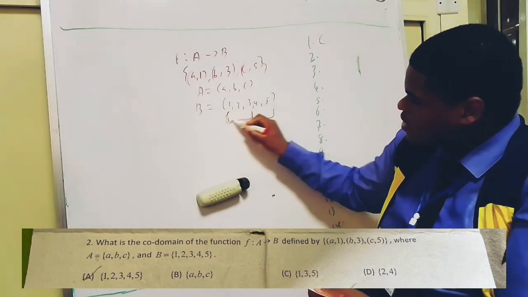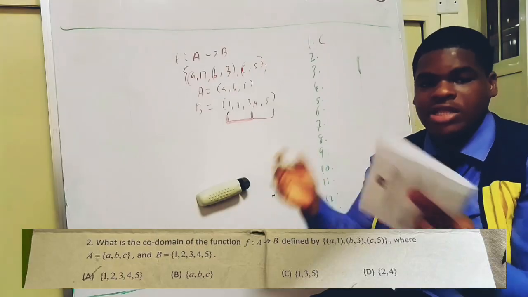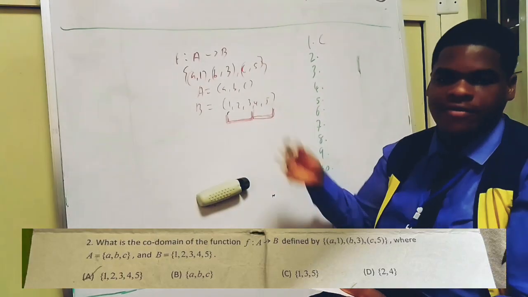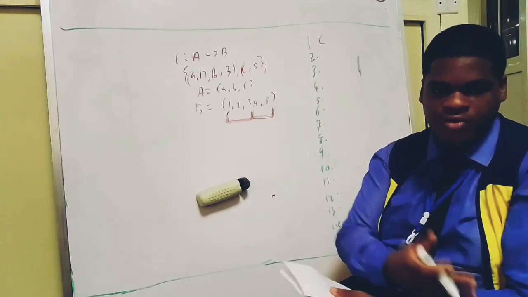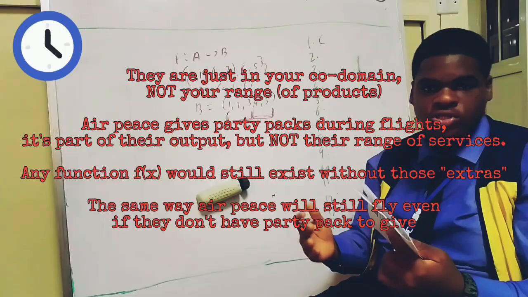So 1, 2, 3 represents the output that a normal person would think I have. That's just the range of products. Then 4 and 5 are like the extraordinary results. They are part of the codomain, but they're not part of the range. They are like the biscuits that Rolls Royce sells. It's not part of their range of products.